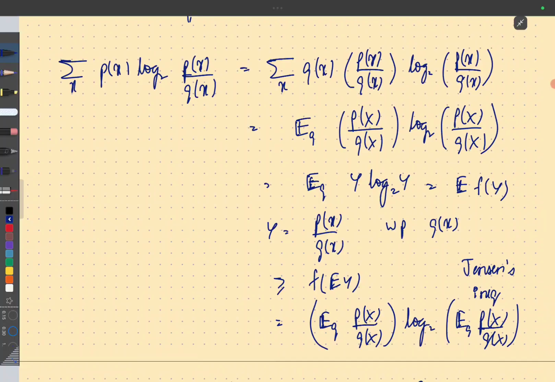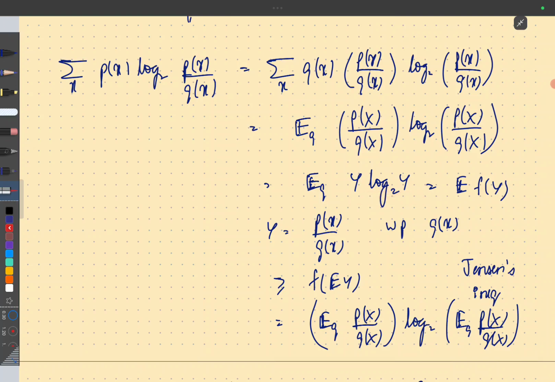Maybe let's quickly go over it once again. So I have the KL divergence, which is the summation over all x of p(x) log p(x) by q(x). I first express this as an expectation with respect to the distribution q of p by q log p by q, which is of the form expectation with respect to q of y log y.